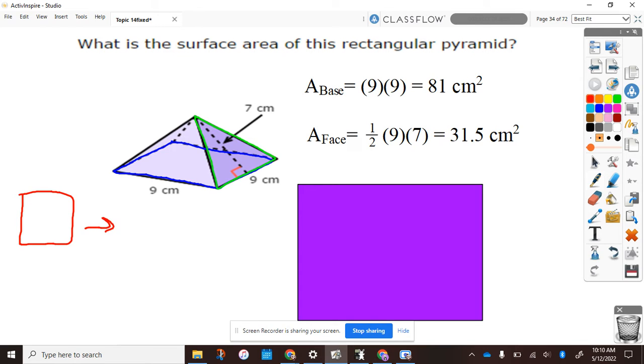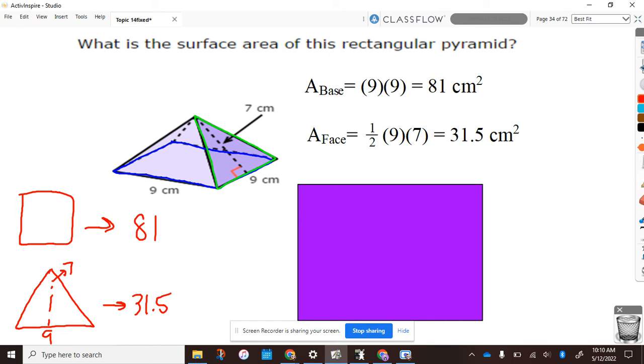It has an area of 81. We also have a bunch of triangles. The triangles have a base of 9 and a height of 7. And so that means each one of them is 31.5. That's what we just found in those two formulas.